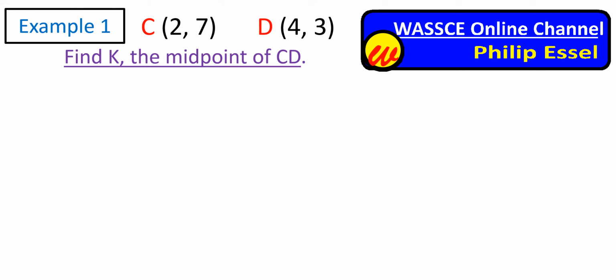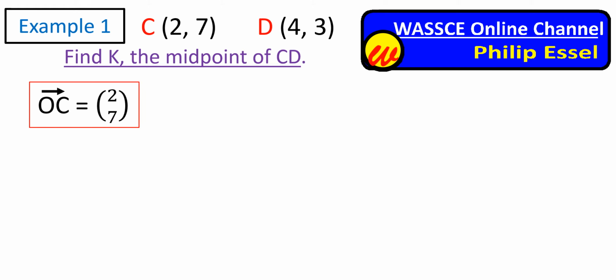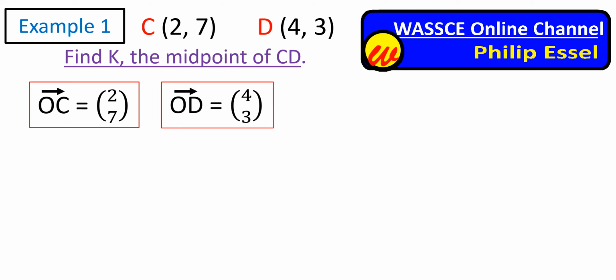So first we'll write the point C as a position vector, and that would give us the vector OC equal to (2, 7). We would convert the point D to its position vector OD, which is (4, 3).